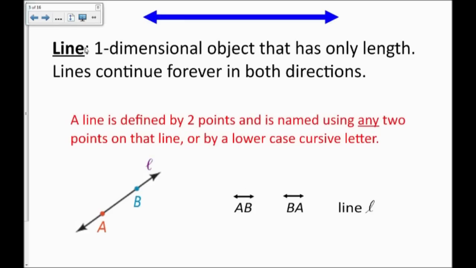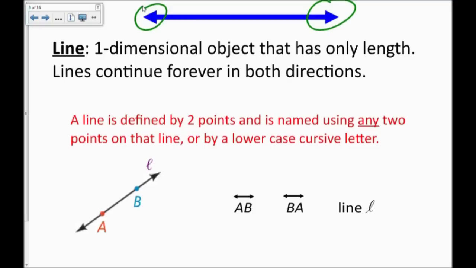A line is a one-dimensional object that has only length. Lines will continue forever in both directions, which is why there are arrows on both ends. A line is defined by 2 points and is named using any 2 points on that line, or by a lowercase cursive letter.